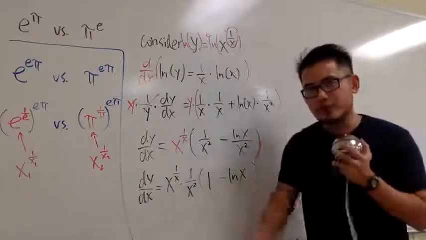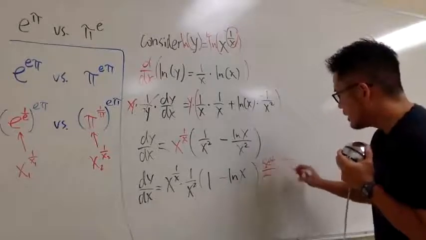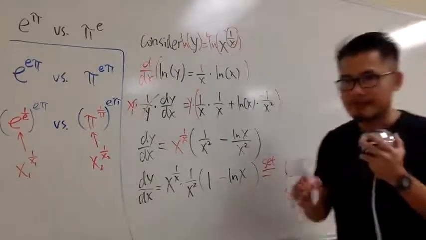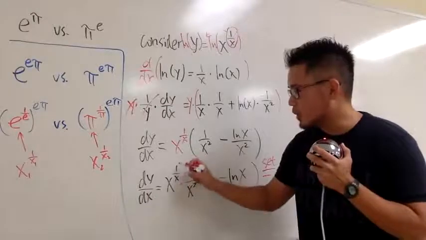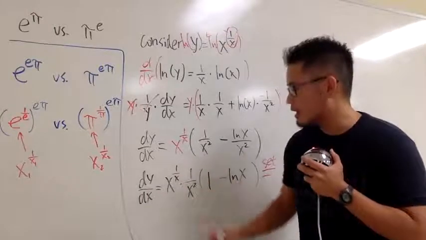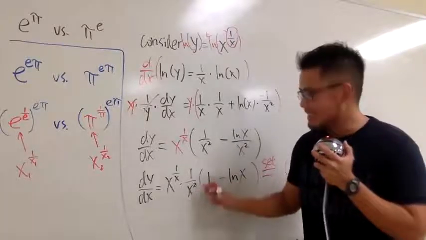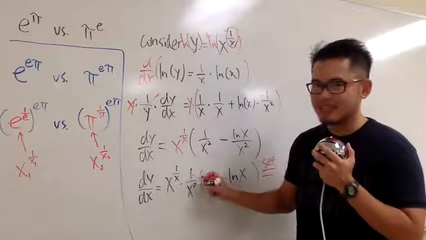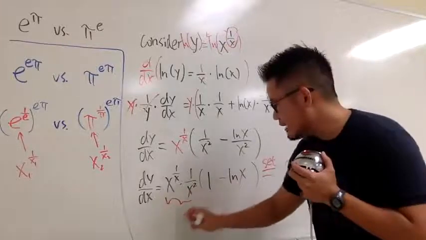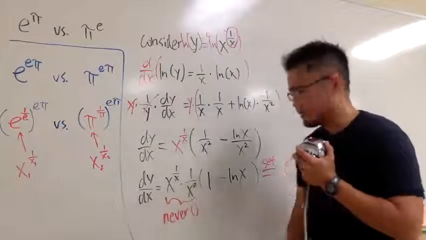We have to find the critical number first. We have to set this equal to 0, but then now we see x to the 1 over x power, it's never 0, and in fact always positive right here. Likewise, 1 over x squared, it's never 0, and in fact this is always positive as well. So let me just indicate that this right here is never 0.